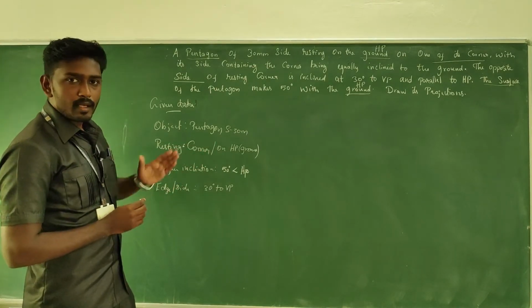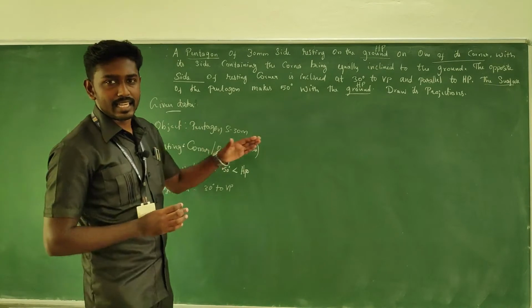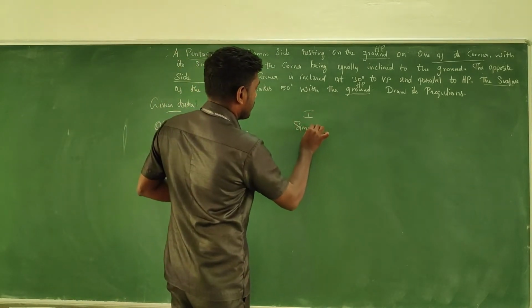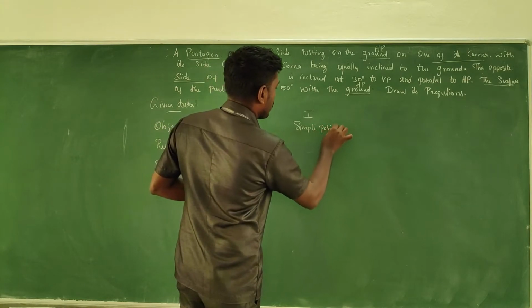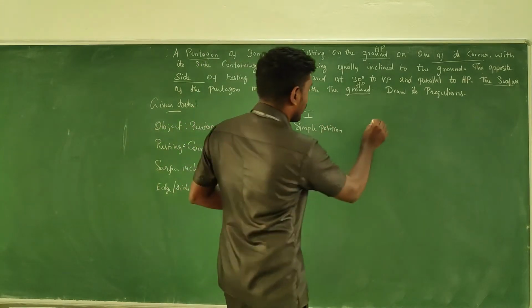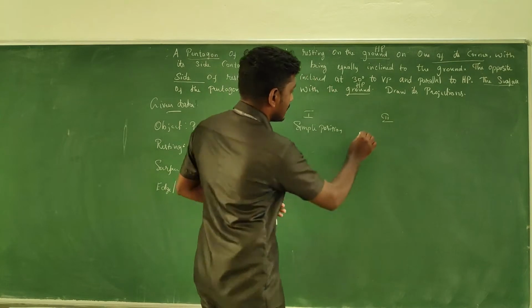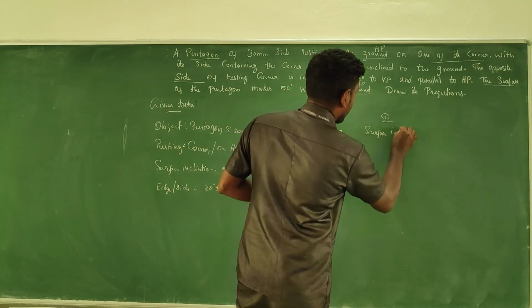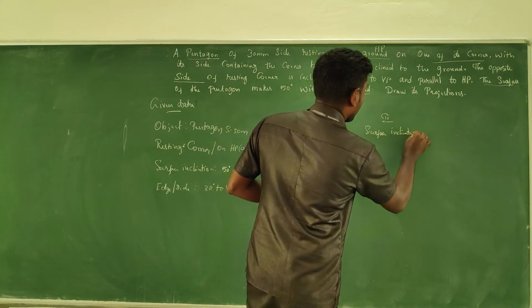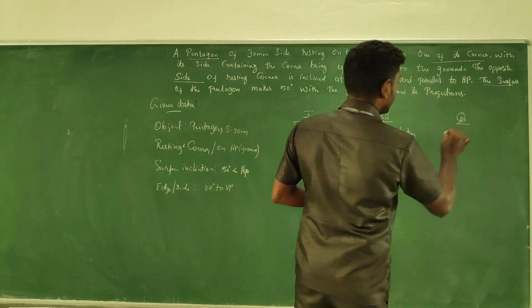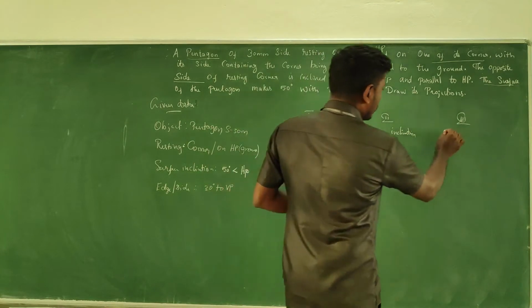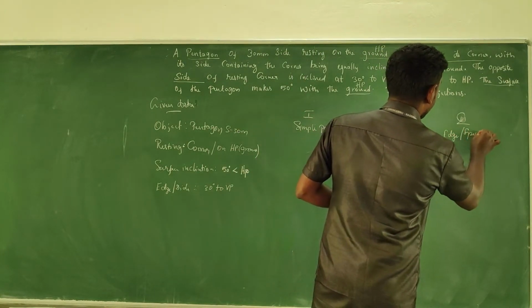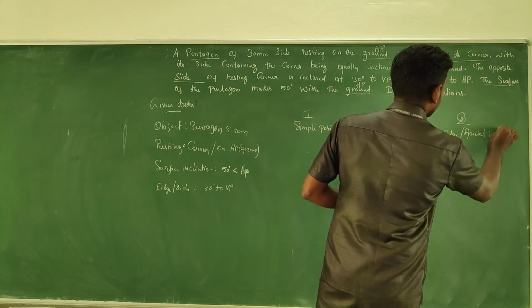So we know we have to undergo 3 stages. First one is simple position. Then the second one is surface inclination. The third stage is edge or special inclination.